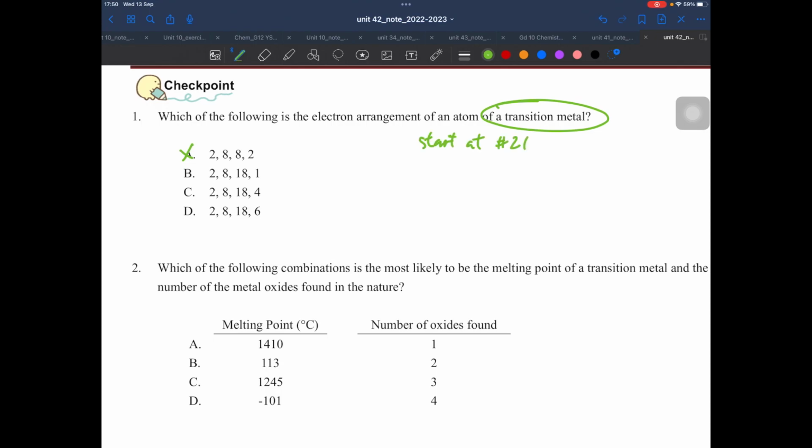But A is 20. 20 is calcium. Surely not a transition metal. C and D, no good. Because if the element is in C or in D, then I can call it group 4 or group 6 immediately. Transition metals do not allow the outermost shell electrons beyond 2.